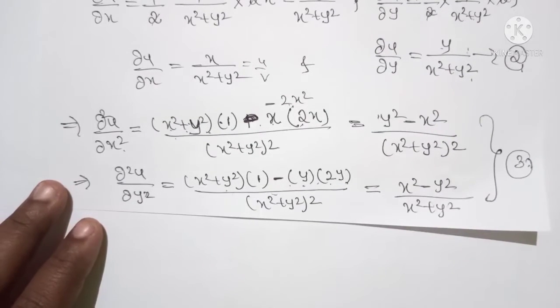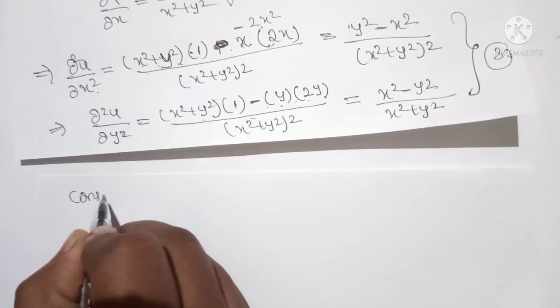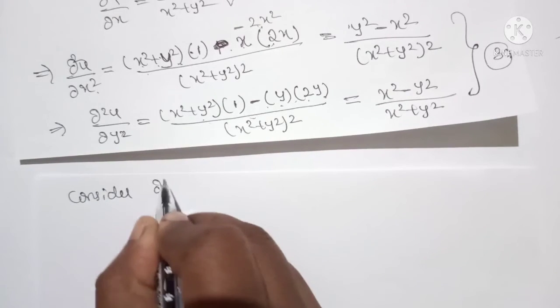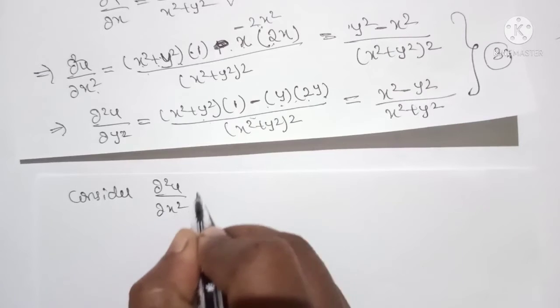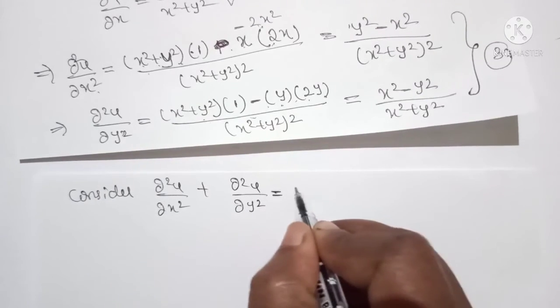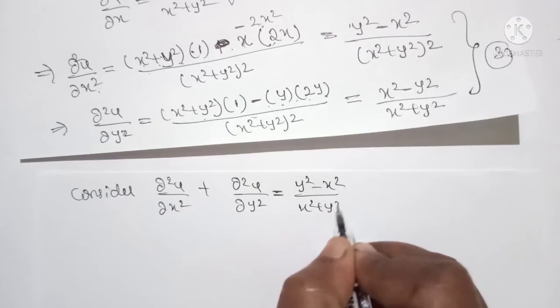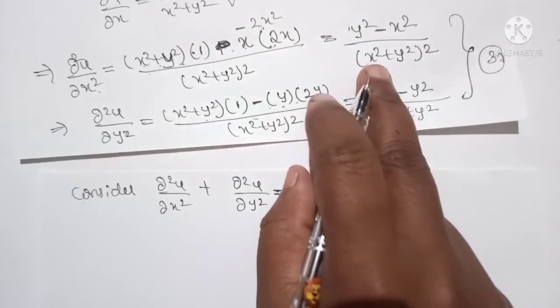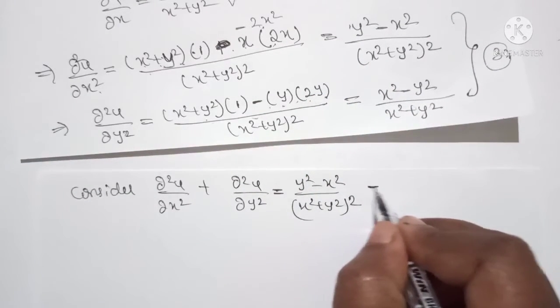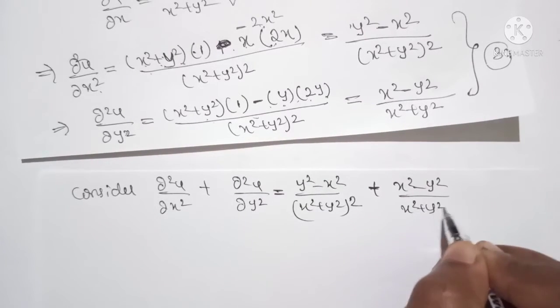Now we have to show that the given function is harmonic. For that we consider the Laplace equation, that is consider dou square u by dou x square plus dou square u by dou y square. Dou square u by dou x square is y square minus x square divided by x square plus y square whole square, plus x square minus y square divided by x square plus y square whole square.